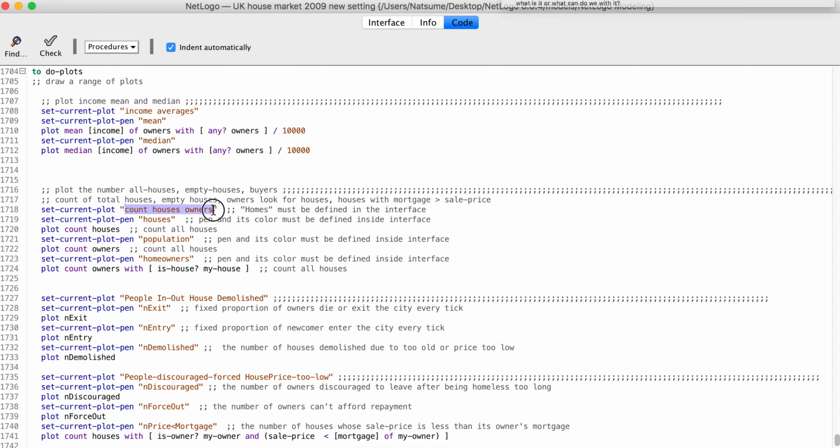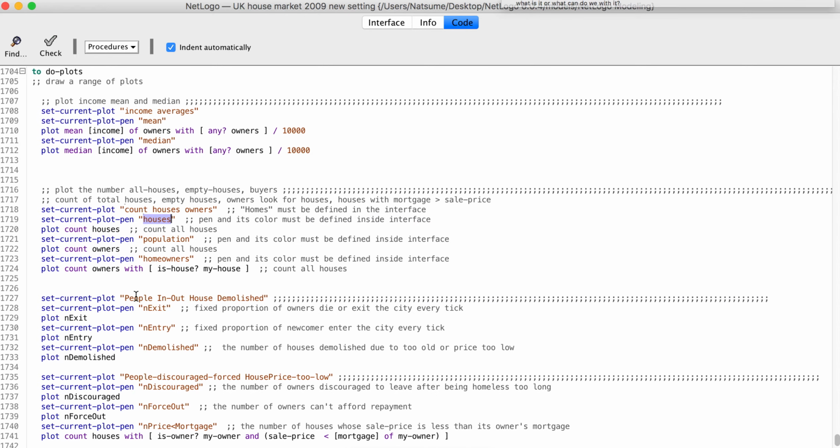Another plot is named count houses owners, and we will count how many houses are in the city. One line counts the houses, another line counts the households. The third line counts the number of households who already have a house to live in.